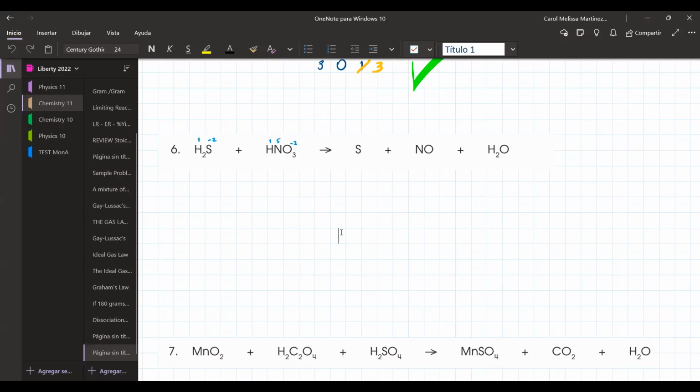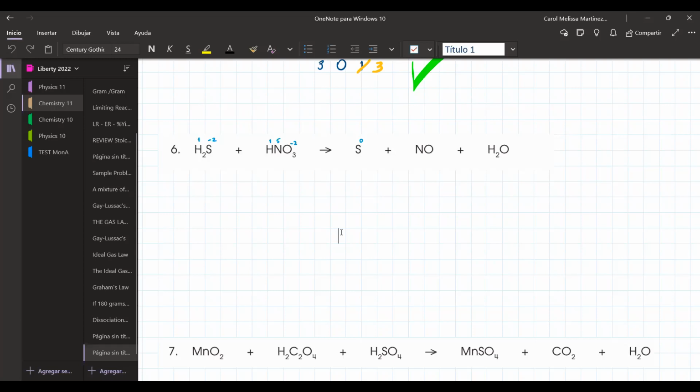If you have any doubt on any of them, tell me. Okay, continue. Sulfur alone is 0. For this one it is the rule of oxygen, basically.